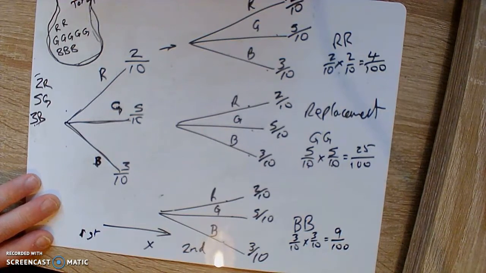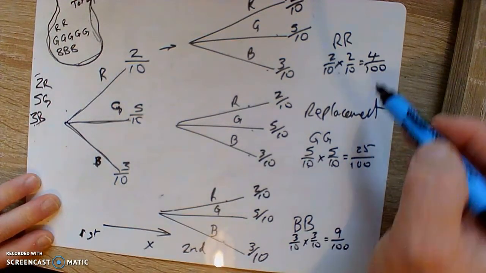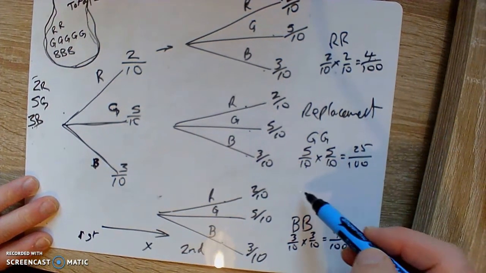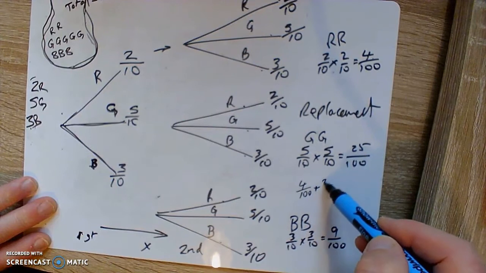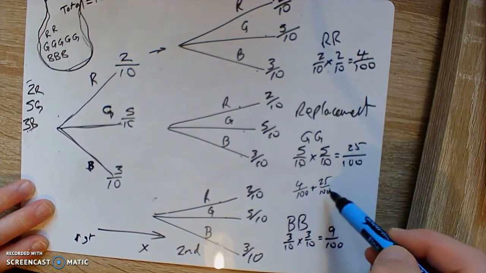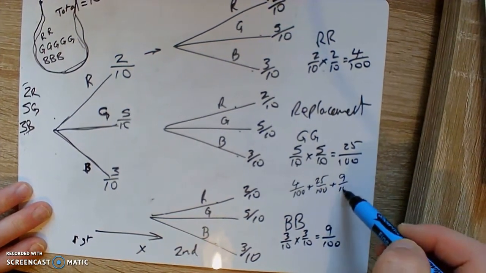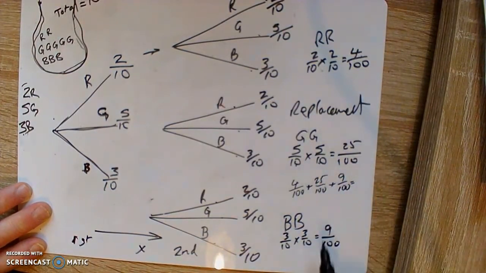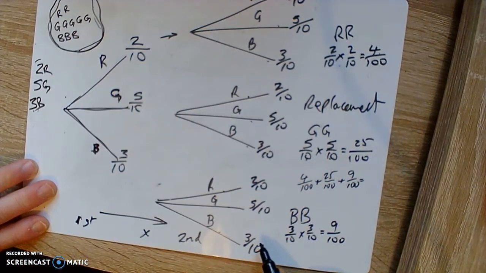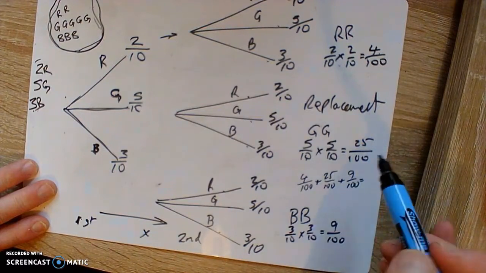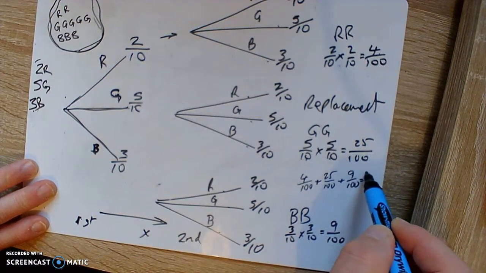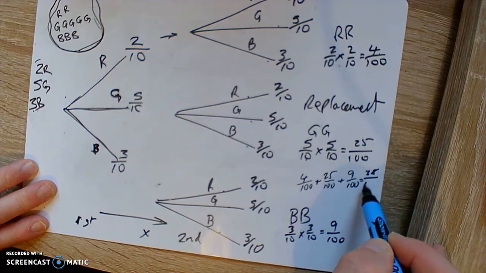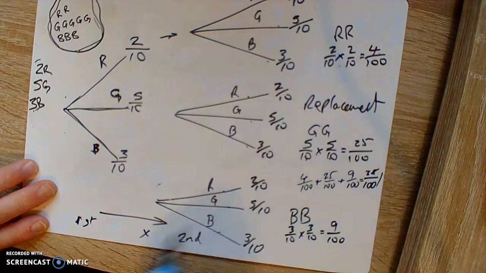So the probability of getting 2 the same colour would be 4 out of 100, sorry, plus 25 out of 100 plus 9 out of 100. There's 3 different ways I could get that sum. So if we add these across, 25, 29, 38 out of 100.